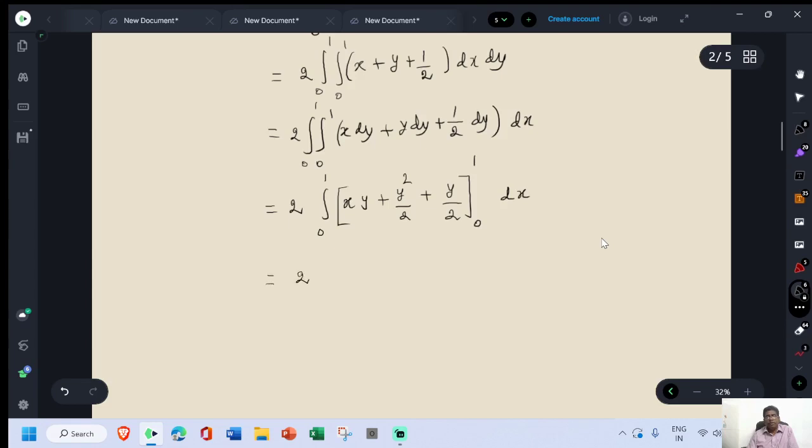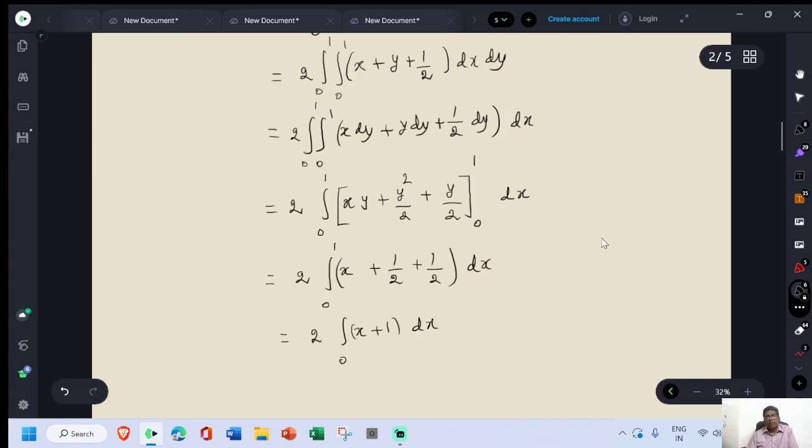This is equal to 2 into limit varying from 0 to 1, x, because y equal to 1. Apply the limit. Plus 1 by 2 plus 1 by 2. Entire is multiplied by dx. This is equal to 2 into x plus 1 into dx.